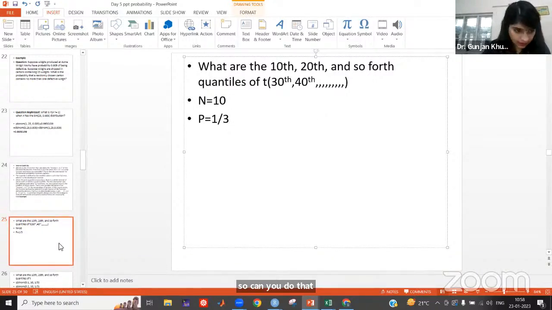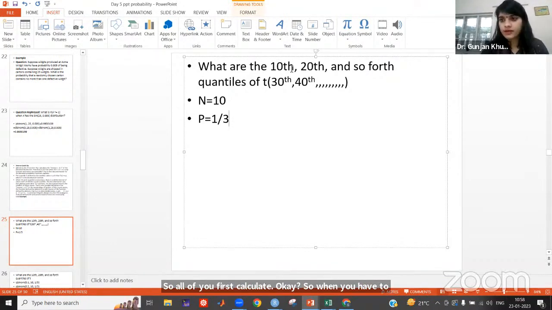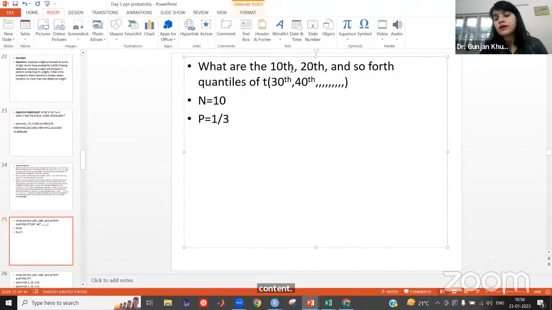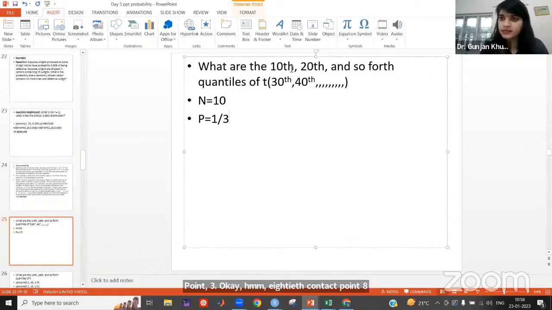So you are given n as 10, p as 1/3. All of you first calculate the 10th quantile. When you have to calculate the 10th quantile, you will have to write 0.1. 20th quantile, 0.2. 30th quantile, 0.3. 80th quantile, 0.8. 87th quantile, 0.87. Like this.